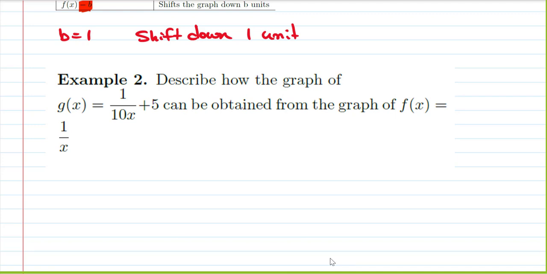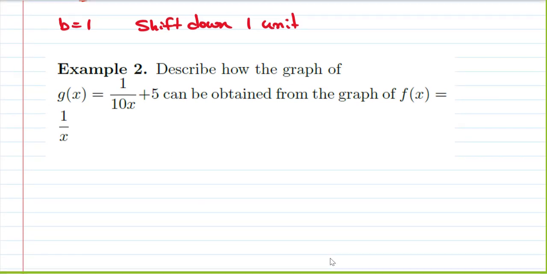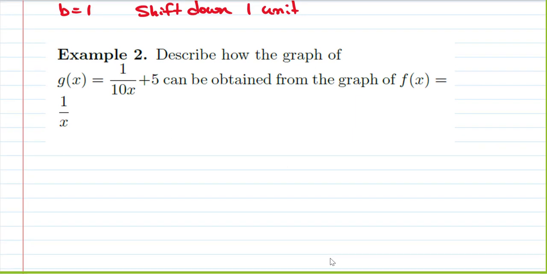We have our parent function this time is 1 over x, and our g of x is 1 over 10x plus 5. So we want to determine how this is going to be.